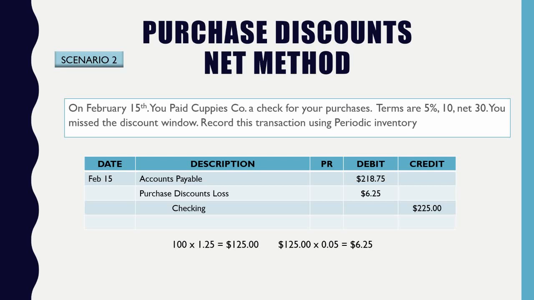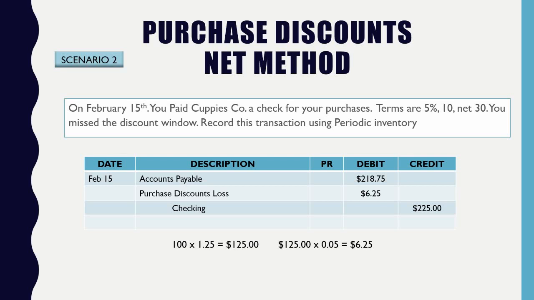This is a contra account that is directly correlated to the purchase discount, except this time I'm recognizing it as a purchase discount loss because in the very beginning, I recognized it as a discounted price. I did not recognize what the bill told me it was equal to, because I want to use the net method.